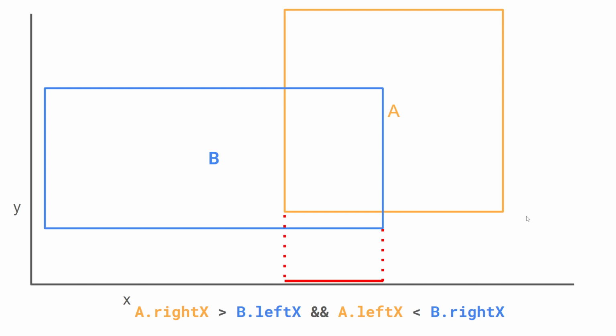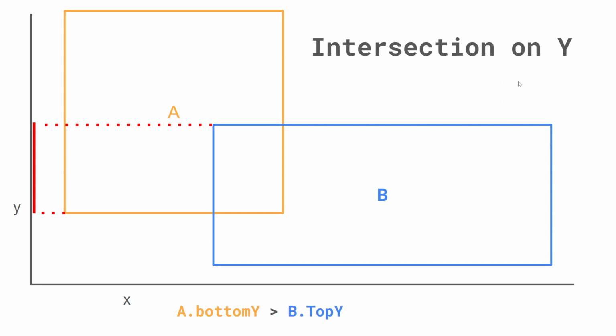And then of course we have the same thing for the intersections on the y-axis, and that's exactly the same thing. I'm gonna go through with this also. Here you can see a dot bottom y, so this value is greater than b dot top y, so this value.